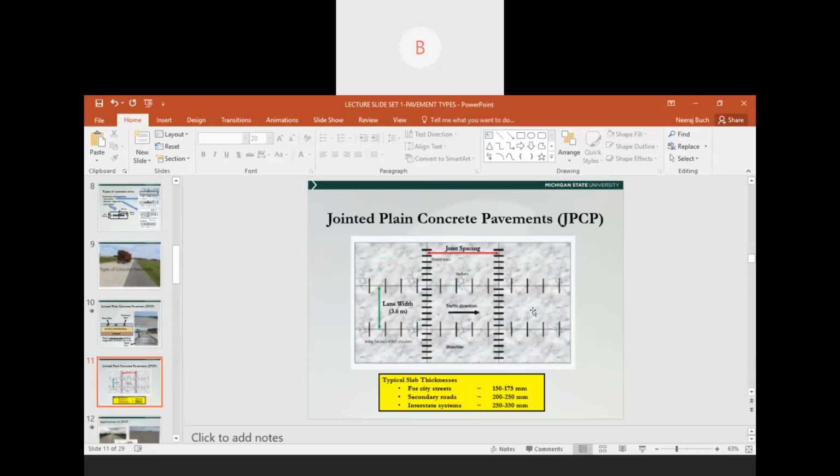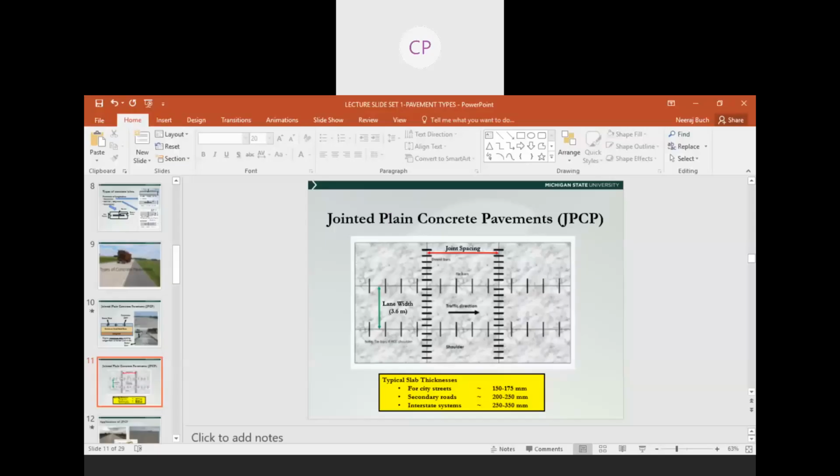And this is a plan view of what a jointed plain concrete pavement would look like. So these are two lanes, a shoulder. These are the longitudinal joints, and these are the transverse joints.